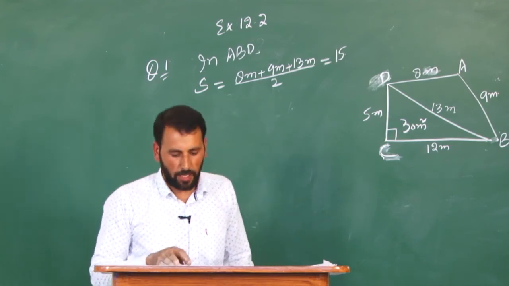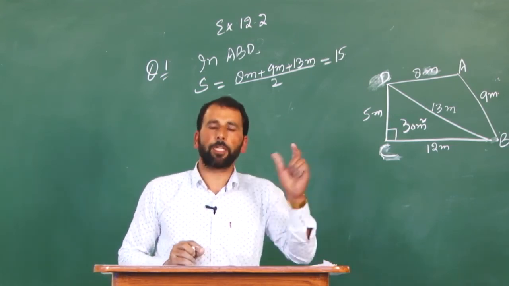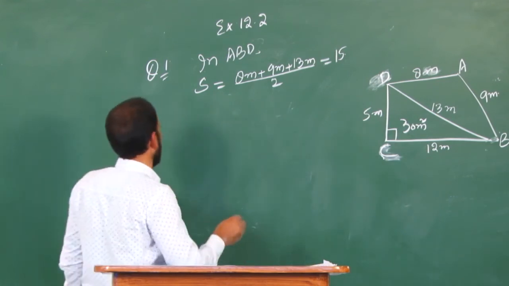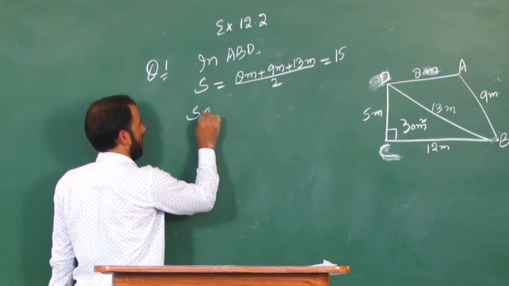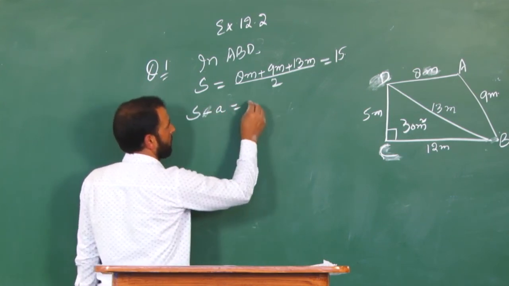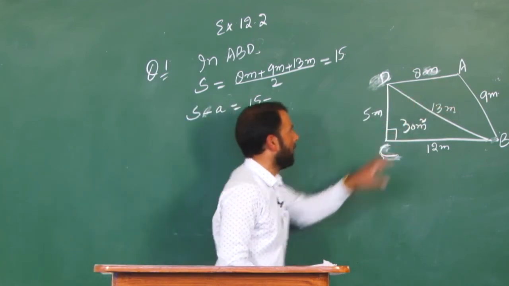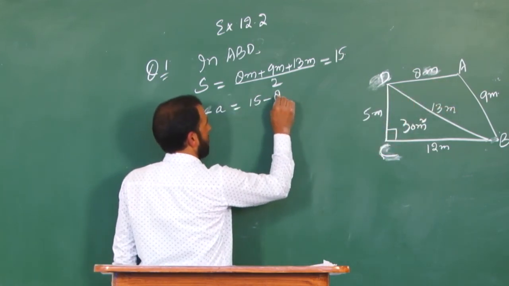Now after finding the semi-perimeter, we can find S minus A, S minus B and S minus C. S minus A: what is S? It is 15. A means any side of the triangle, that is 8. What is 15 minus 8?